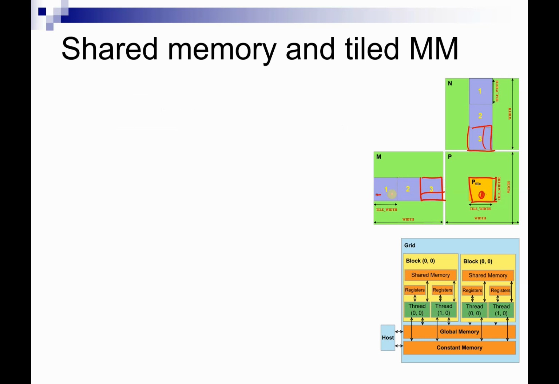At any time point, we only needed to keep 2 of these purple squares in shared memory at a time. So if we make these tiles small enough, they're going to fit just fine in the shared memory.